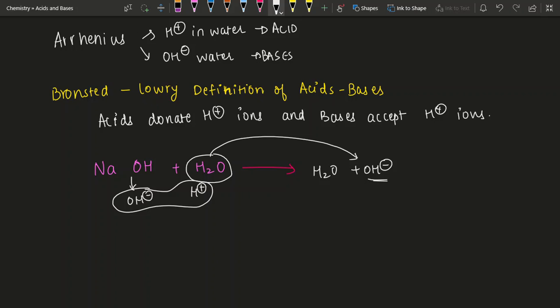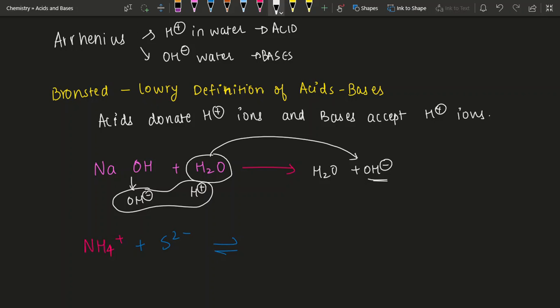But we can extend our definition to even more general cases. Let's take two species, NH4 plus, that's called the ammonium ion, and add it to the sulfide ion, S2 minus. A reaction like this is not a complete dissociation, by the way. In a reaction like this, you need to check either experimentally or by taking some numerical values, and we'll come to that in later videos.